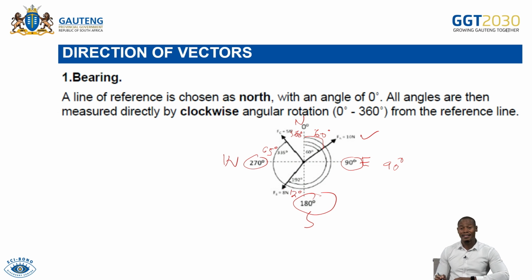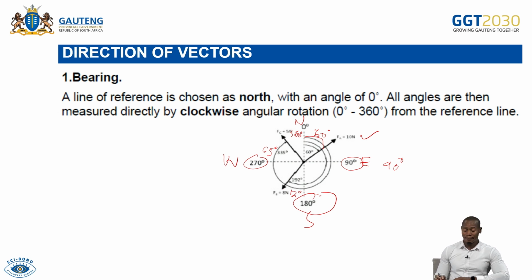So when you count, you move clockwise, and your reference point is north. North will be 0 degrees, move to east it's 90, move to south it's 180, and move to west that is going to be your 270.